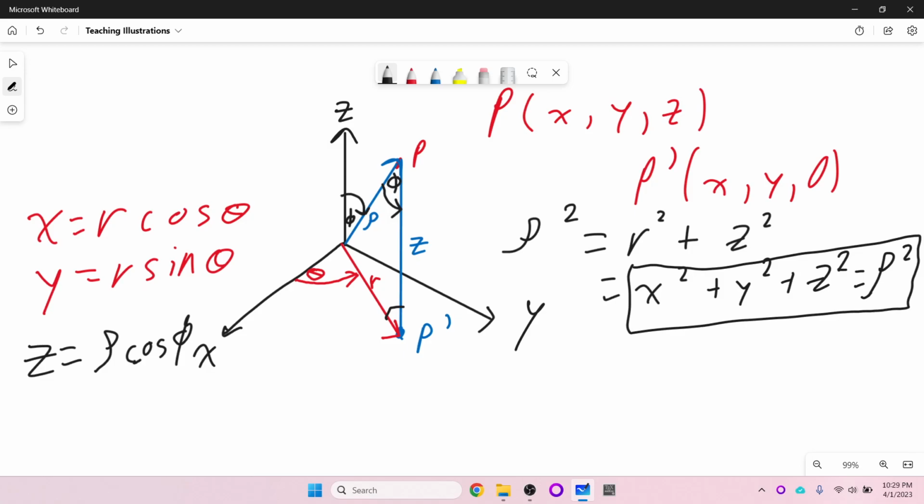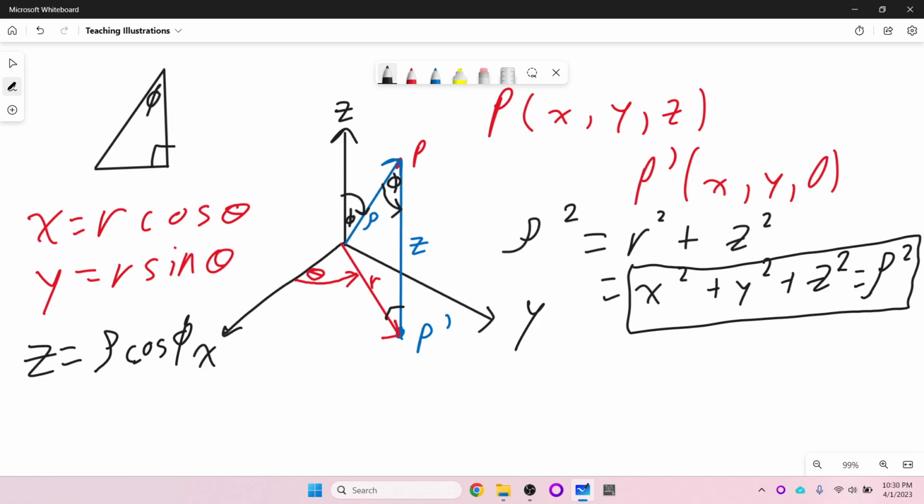Because right here, if I were to take this triangle out of the 3D plane and just look at it by itself, keeping the orientation the same, it would look like this. Here's phi. Here's a right angle.